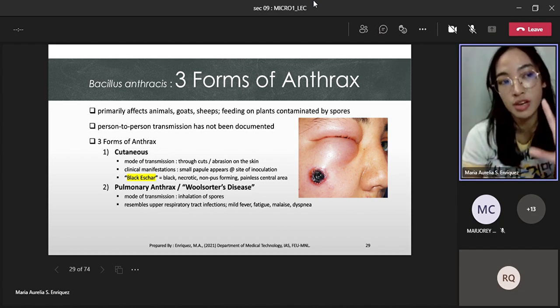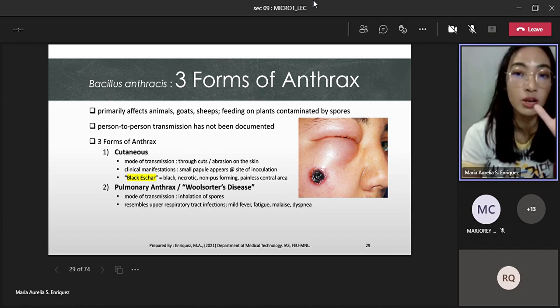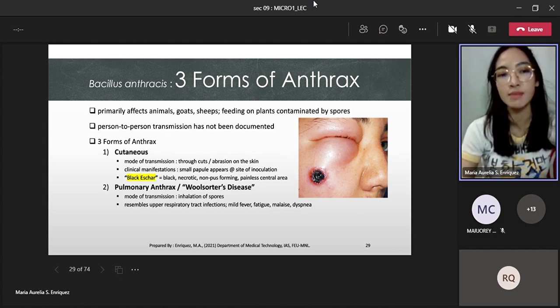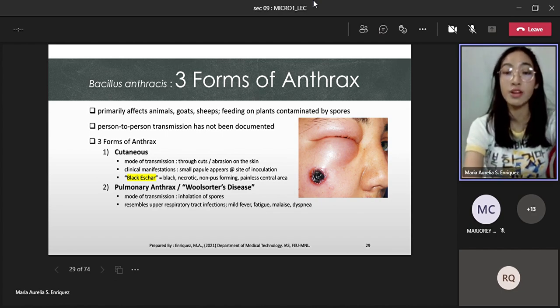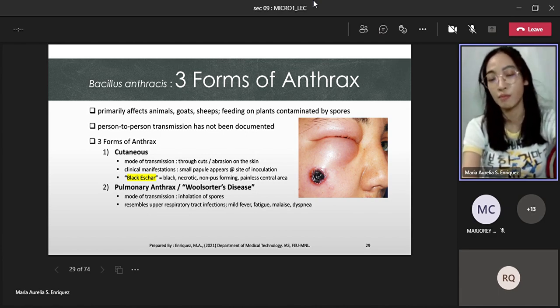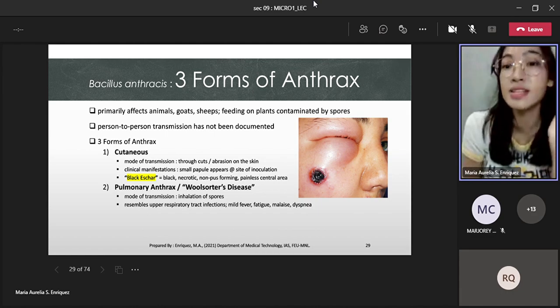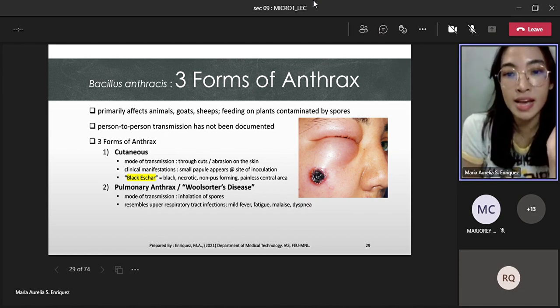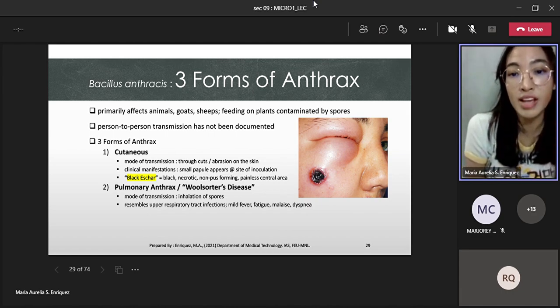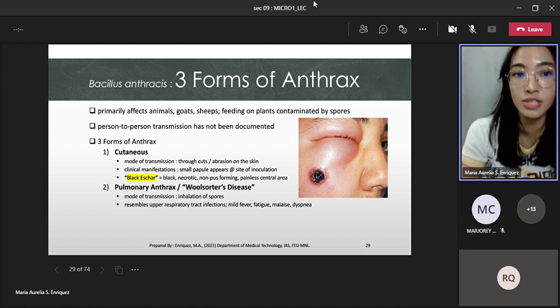So it resembles an upper respiratory tract infection, such as those seen in colds or flu. So magsisimula po siya as very non-specific. So mukha lang may sipon or mukha lang may trangkaso yung pasyente. Now, this is then followed by a sudden severe respiratory distress.